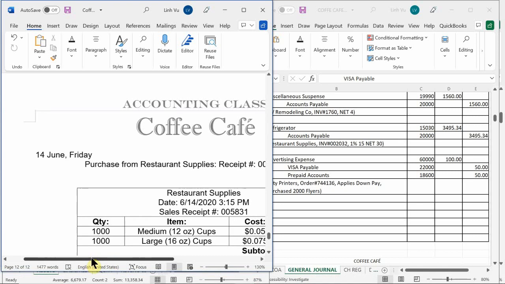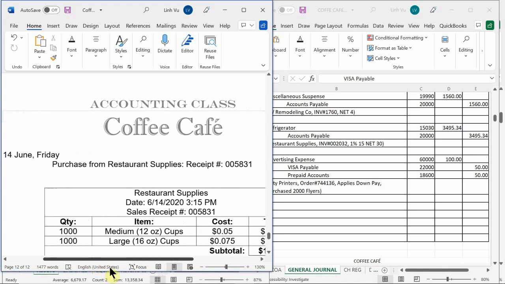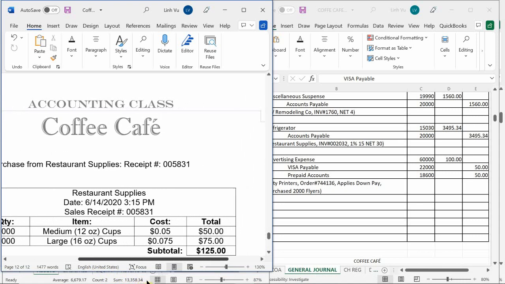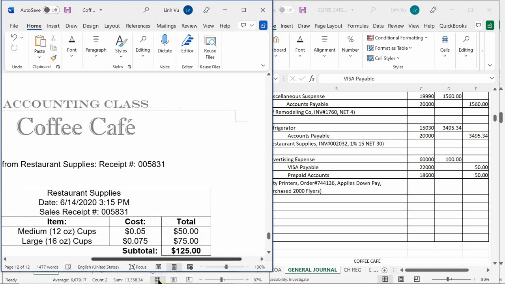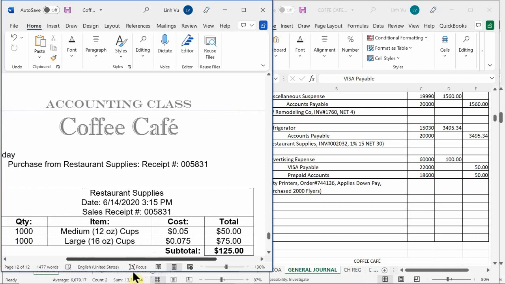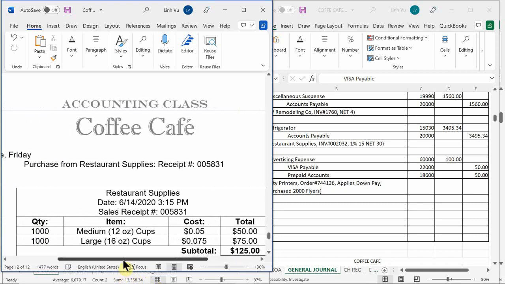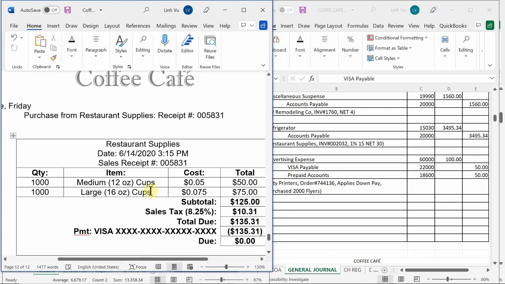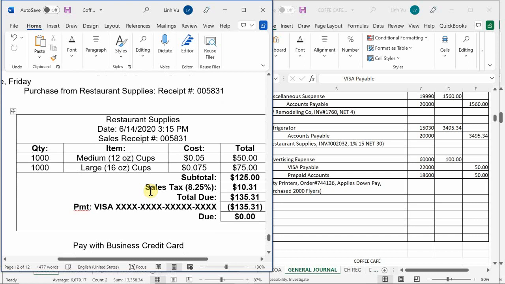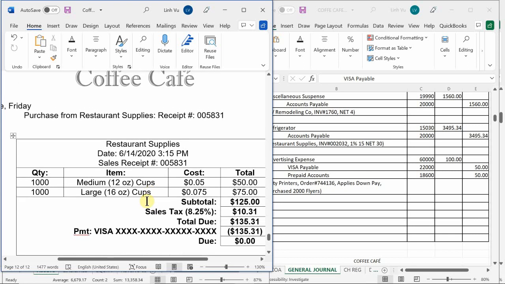that very same day, we end up purchasing from Restaurant Supplies, receipt number 005831. So this is what we bought from Restaurant Supplies. We bought 1,000 medium 12-ounce cups, okay?